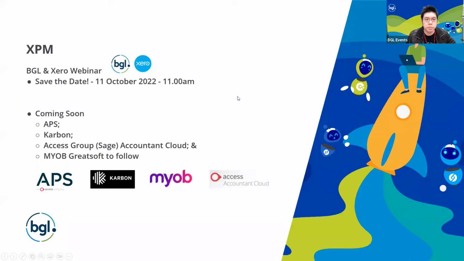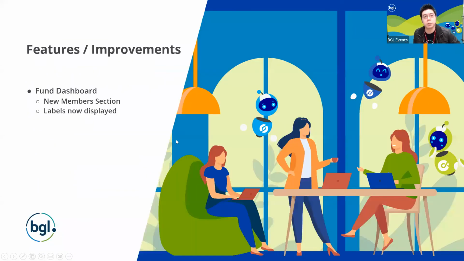Okay, moving on to the next slides. This is on features and improvements. We've made some changes to the fund dashboard where we now have a new member section and the labels are now displayed. Let me see if I can go in.